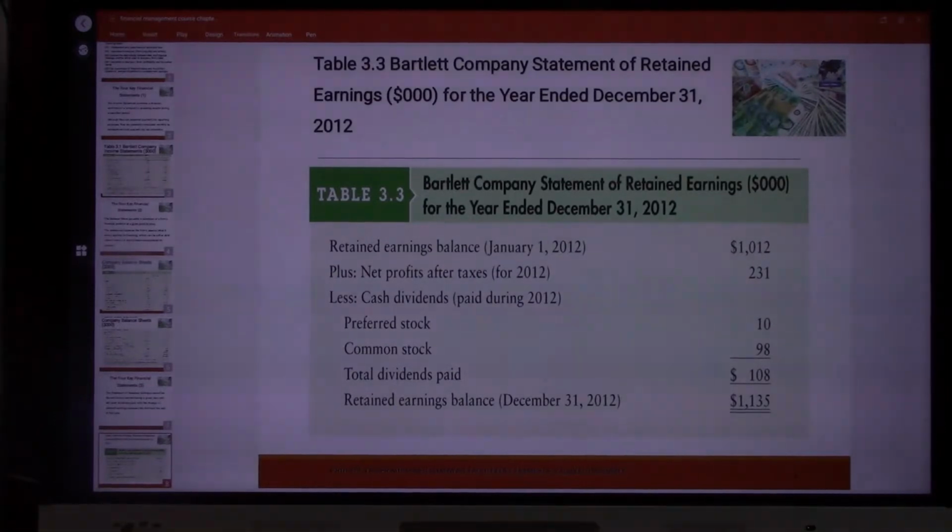Then we exclude any cash dividends, both preferred stock dividends and common stock dividends.